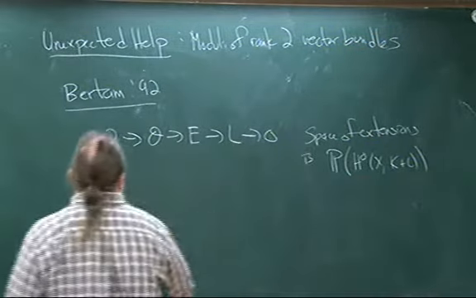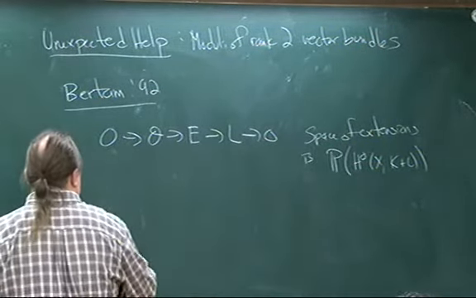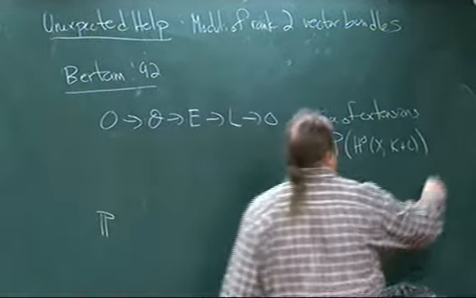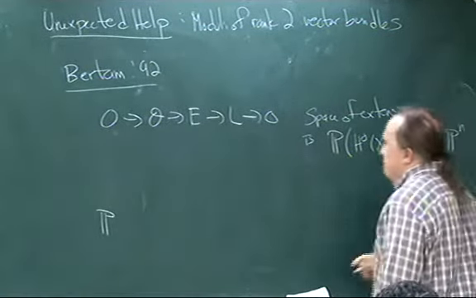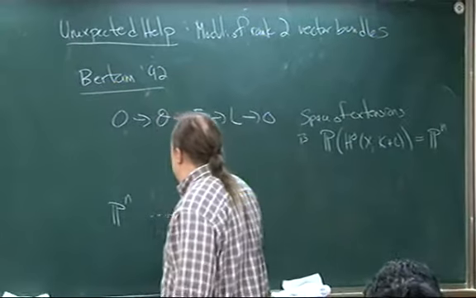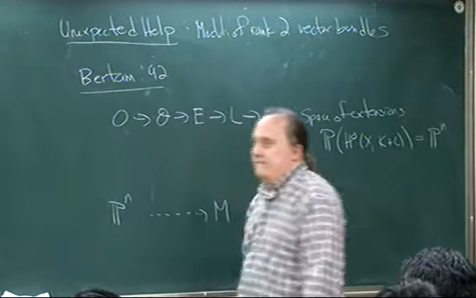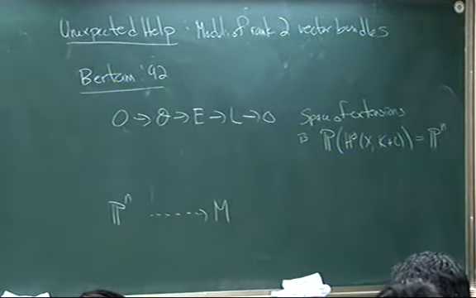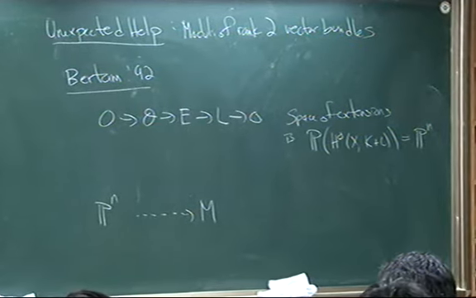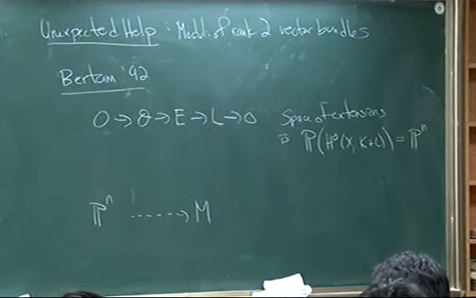This suggests, more than suggests, let me call it Pn. You should have a rational map from Pn to the moduli space, taking the representative of the extension to the bundle.